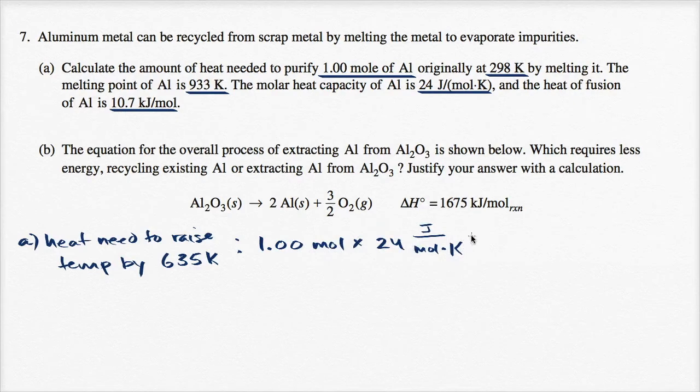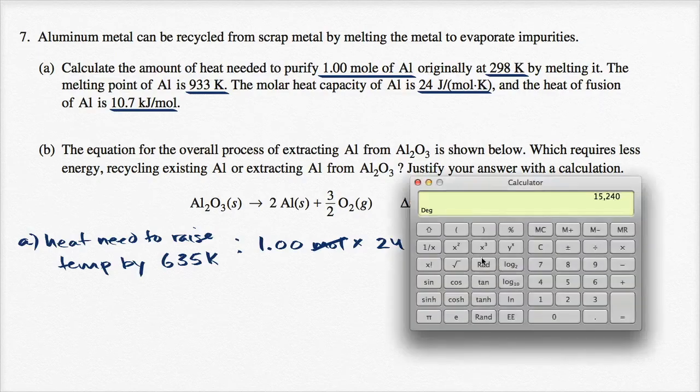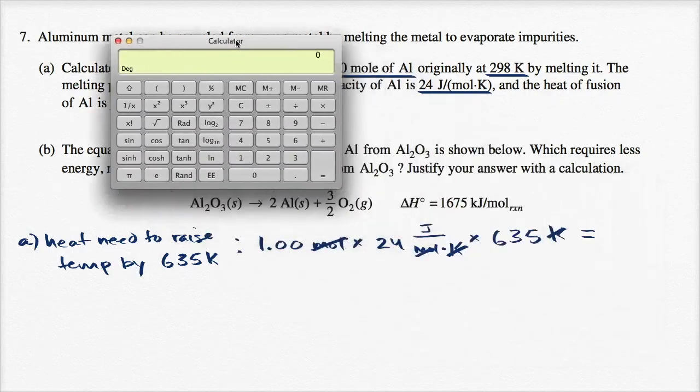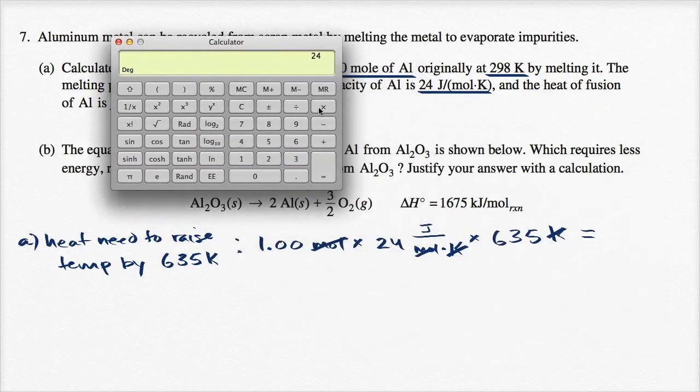But now let's multiply by 635 Kelvin, because we have to raise it by 635 Kelvin. And the units work out. Moles cancel with moles, Kelvin cancels with Kelvin. Let me get my calculator out here. So 24 times 635 is equal to 15,240.